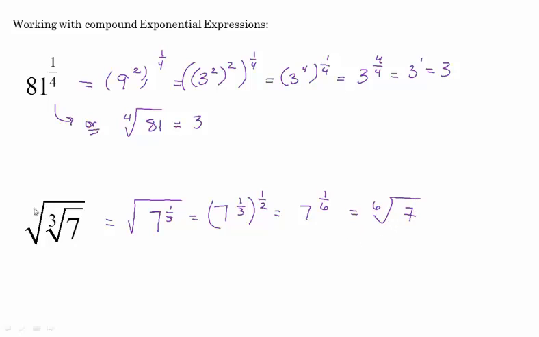Now another way you could approach this is we can go ahead and write in the 2 and multiply them together. So I have the square root of the cube root of 7. That is going to be 2 times 3 root of 7, which gives me the 6th root of 7.